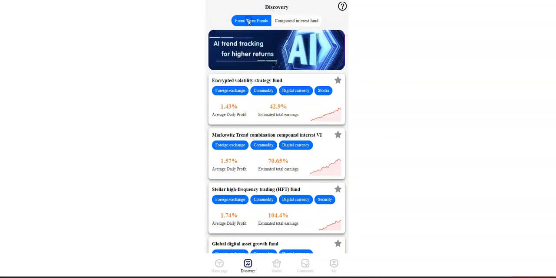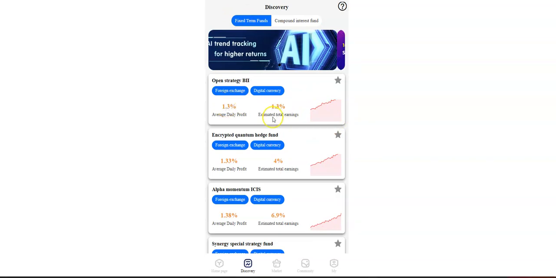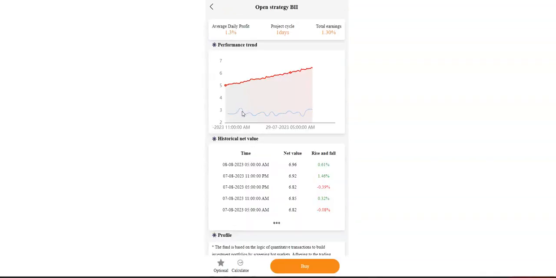Let's say you want to go with the first one, 1.3% daily. You click on it and you can see the average daily APR, 1.3%, project cycle 1 day, and total earnings equal to the daily ROI. It only lasts for 1 day.